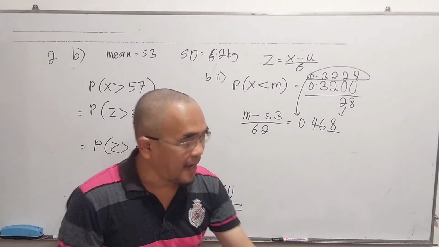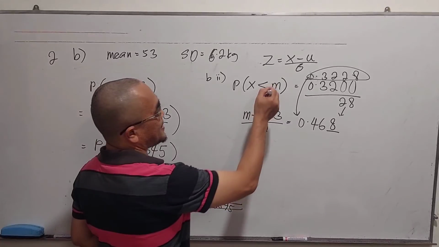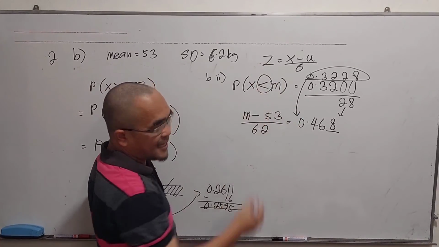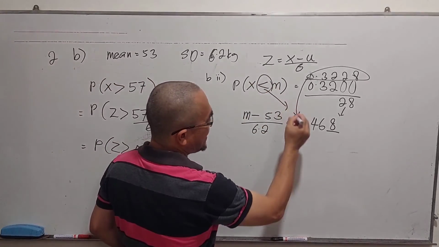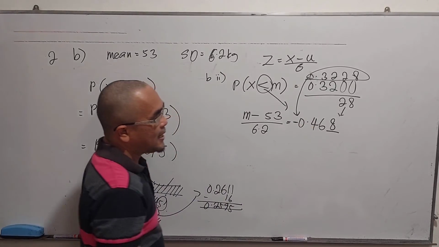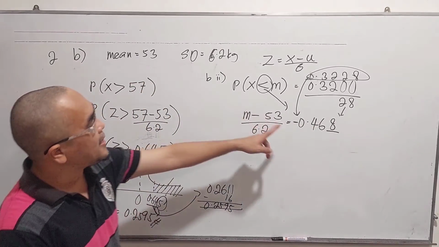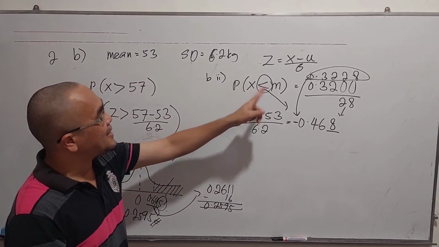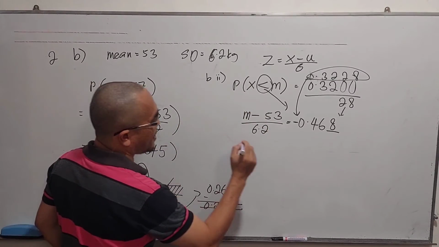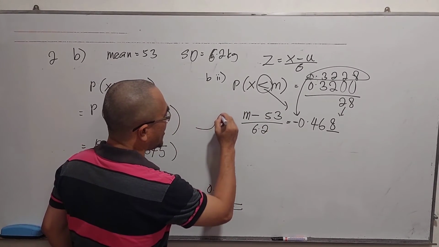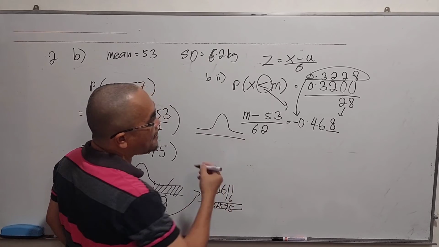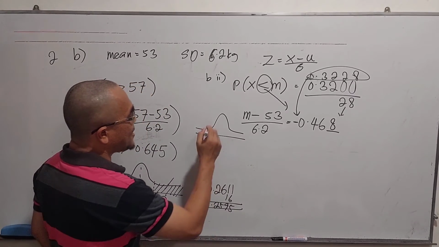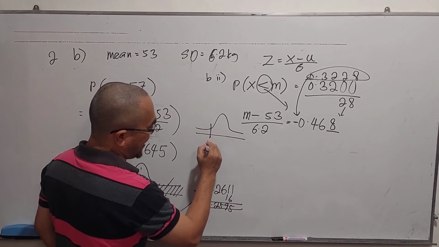It's not finished yet because you have to understand this also, because it is less than. So this has to be changed to negative. And why is this negative? We are talking about less than M. If you draw a graph, where is M situated? M has to be on this side.